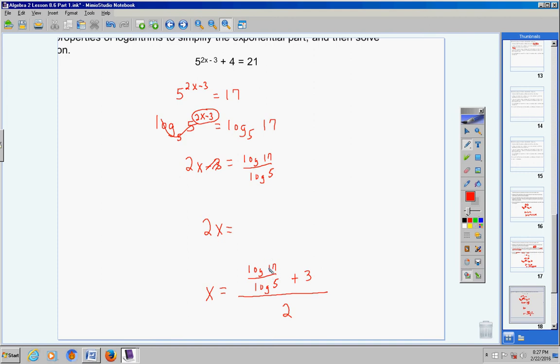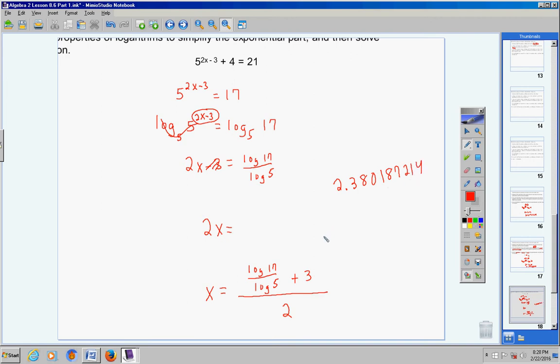All you do is type in logarithm of 17, hit enter, then hit divided by logarithm of 5. Enter, then hit plus 3, enter, then hit divided by 2, enter, and you'll get the answer. The answer is 2.380187214.